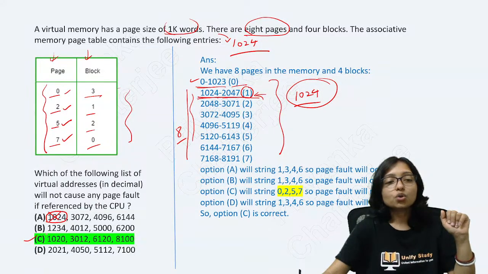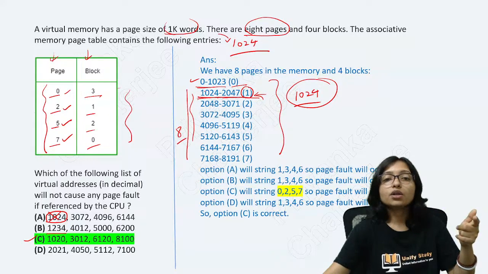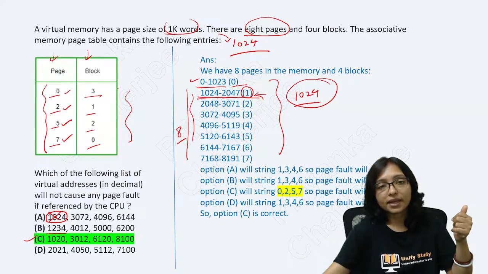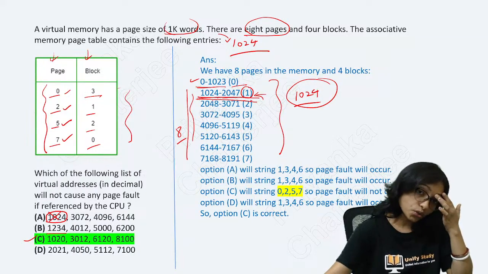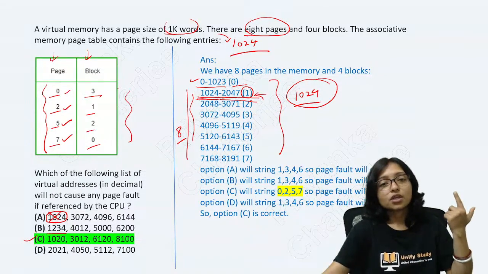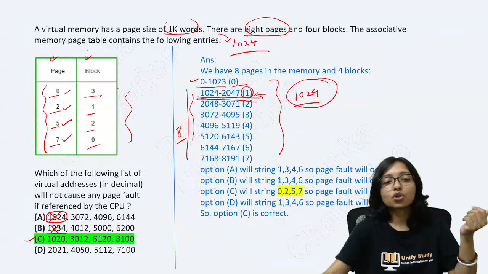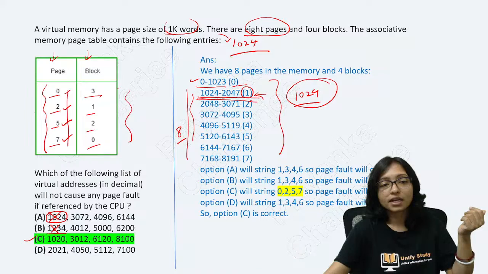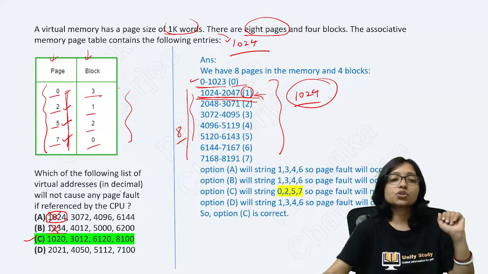Now 1, 2, 3, 4: in which range is it available? 1, 2, 3, 4 is in page number 1 again, because the range is 1024 to 2047. So that is also not available, because page number 1 is not in the list. That's why this option will also not work.